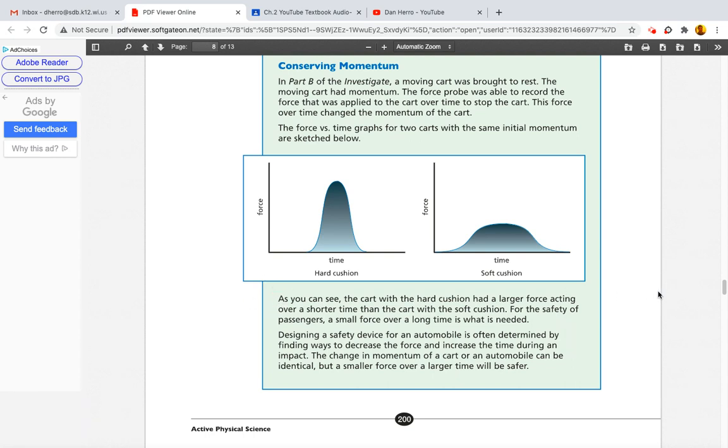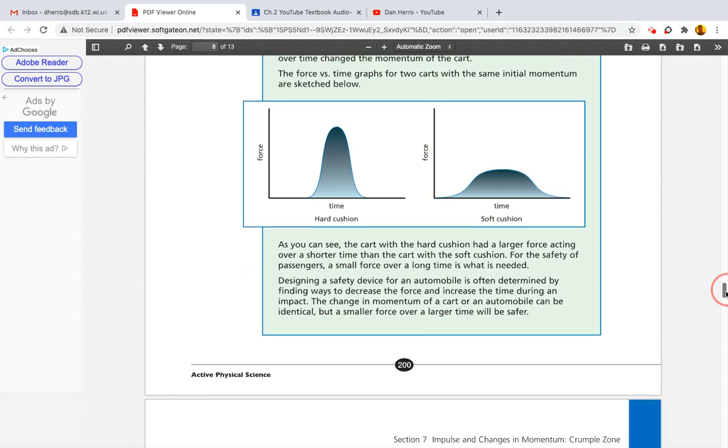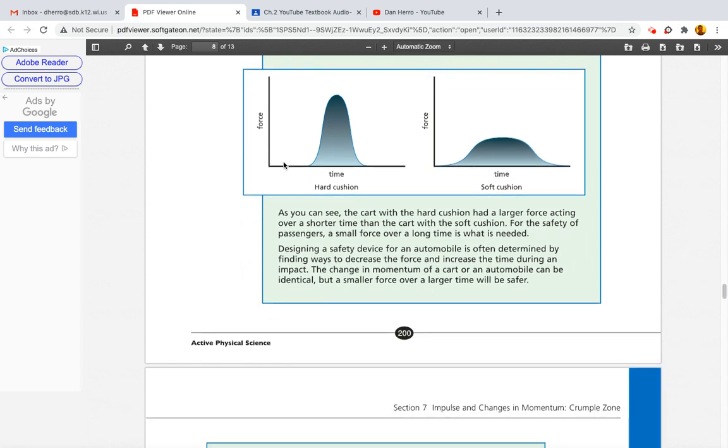As you can see, so let me scroll down. So we're looking at these graphs. As you can see, the cart with the hard cushion had a larger force acting over a shorter time than the cart with the soft cushion. For the safety of passengers, a small force over a long time is what is needed. So this is for the safety of passengers because it lessens your force.